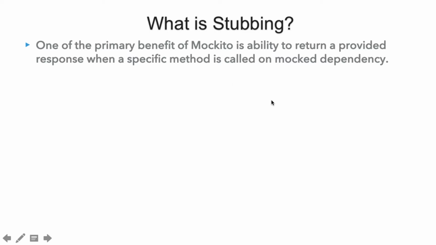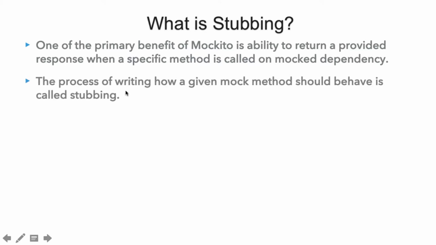We can tell Mockito that if a specific method is called on a mock dependency, then simply return a provided response, or a configured response by a developer, so that other parts of the code of the class under test can be tested.